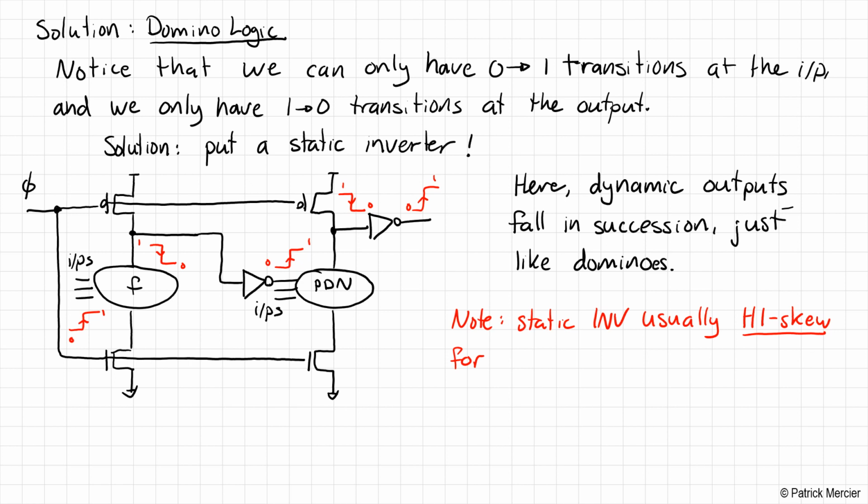So we usually use a high skew inverter for better rising edges. Okay, now to be fair, we will enter the pre-charge phase, and at which point we could have a falling edge. But it turns out that for domino logic, we care less about the timing of the pre-charge phase because everything kind of happens in parallel with the pre-charge phase, whereas in the evaluate phase, things fall down like dominoes, and so we care much more about the timing of things during the evaluate phase.